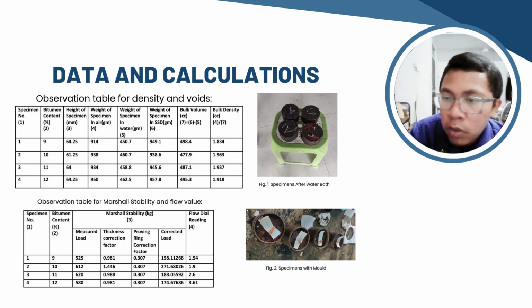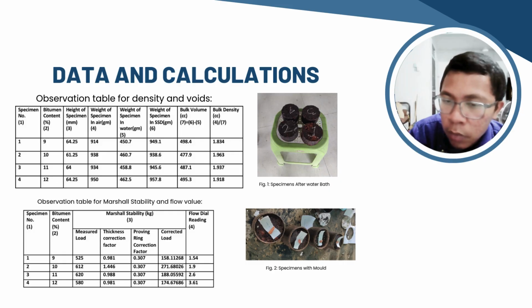The data shows a variation in bitumen content across the four specimens, ranging from 9% to 12%, which appears to correlate with slight differences in their physical dimensions and weights, ultimately influencing their calculated bulk volumes and bulk densities.